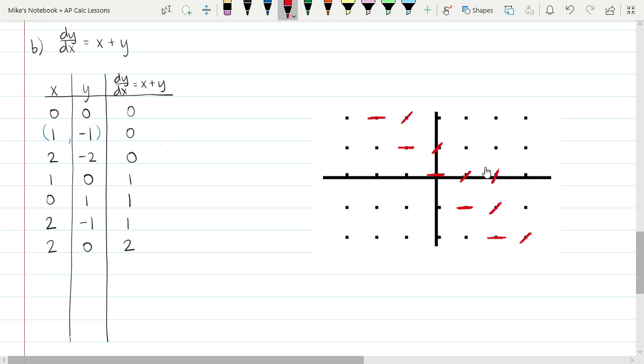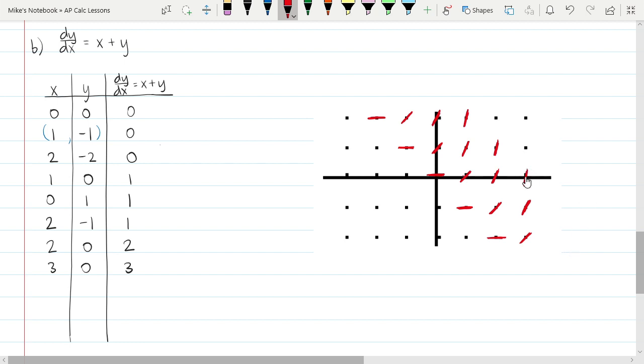And assuming that the pattern continues, we're just going to do a slope of 2 along this diagonal. And then at 3, 0, that's going to be a slope of 3. So again, even steeper. And we're going to make that along that diagonal as well.